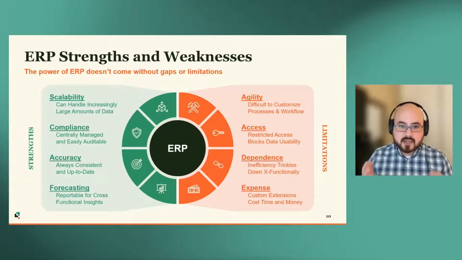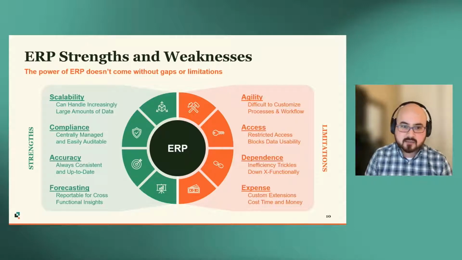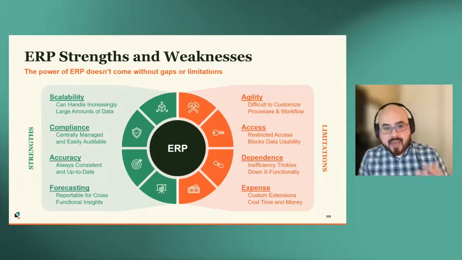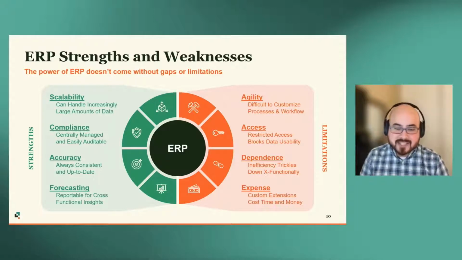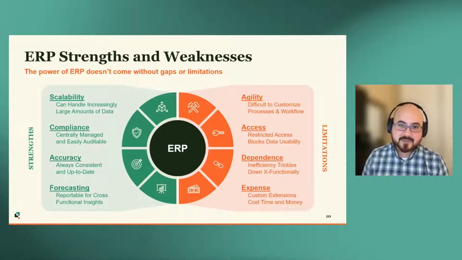The other thing is access. Of course, we want data to be secure. It's an incredibly important thing, especially for businesses in highly regulated industries. Compliance is really important as well, but it can really slow things down for your different functional groups and teams when they don't have access. And then, of course, the one that no one likes to talk about, but is true of every company I've ever worked with, is dependencies, right?